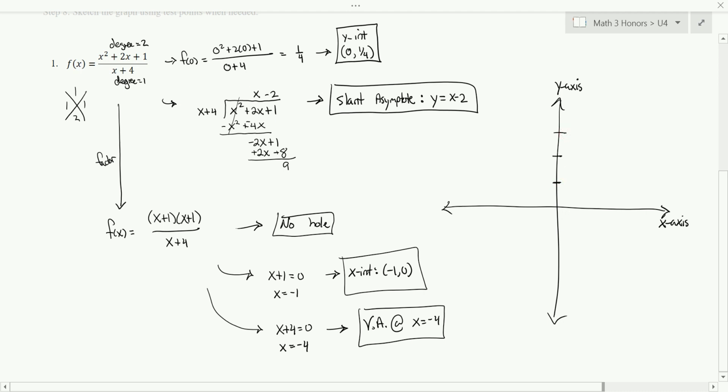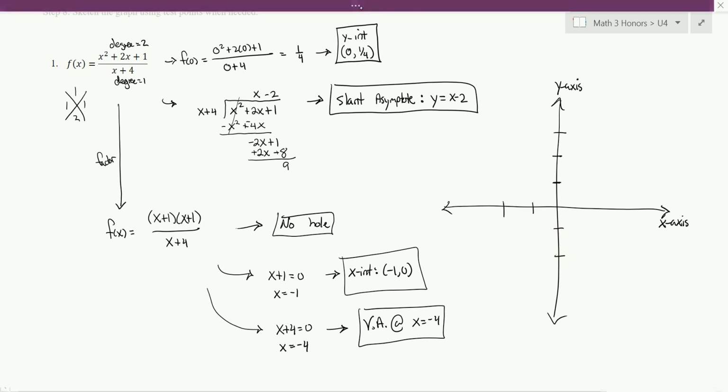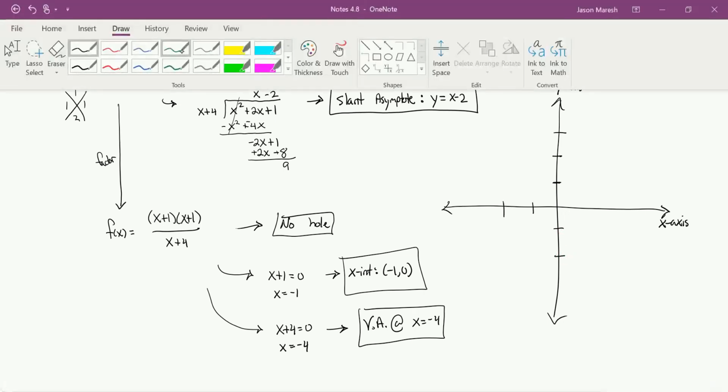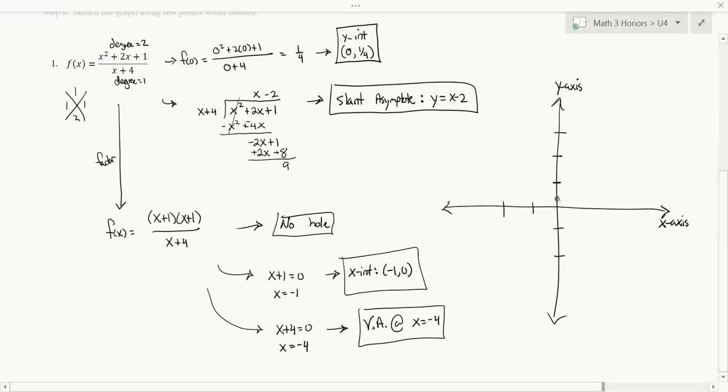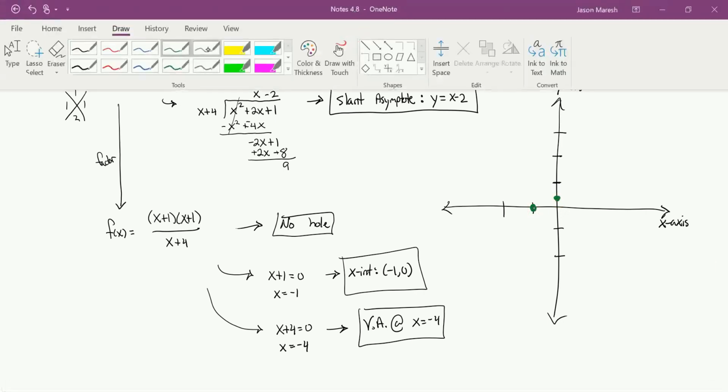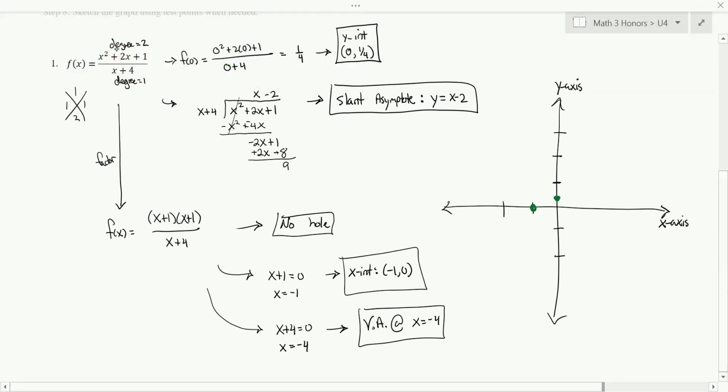And the x-intercepts at -1, 0. I'm going to plot those. And then we have a slant asymptote at y equals x minus 2.